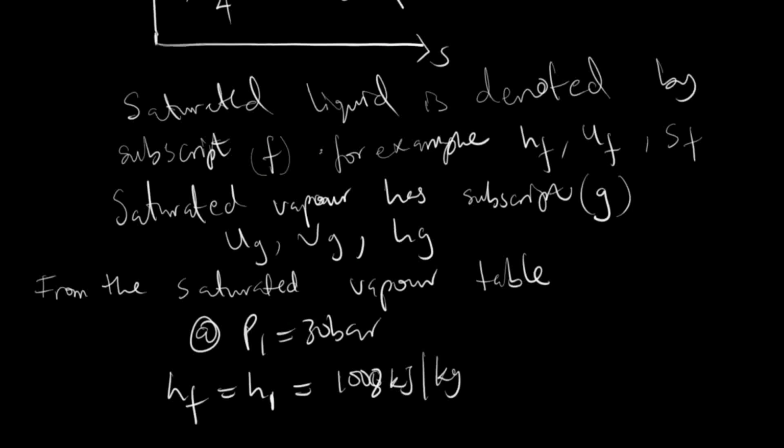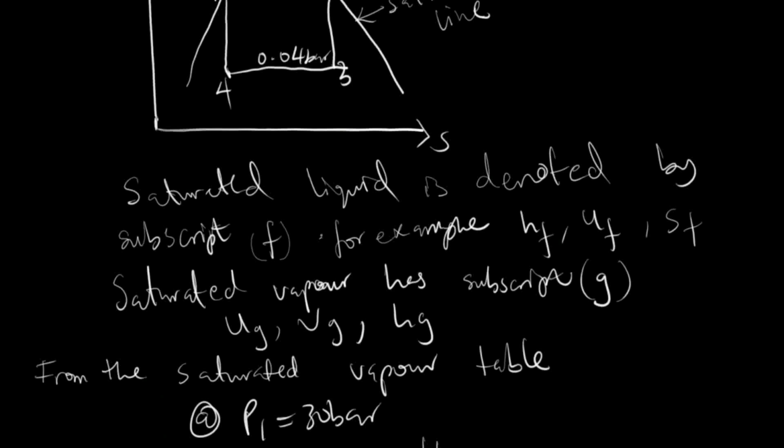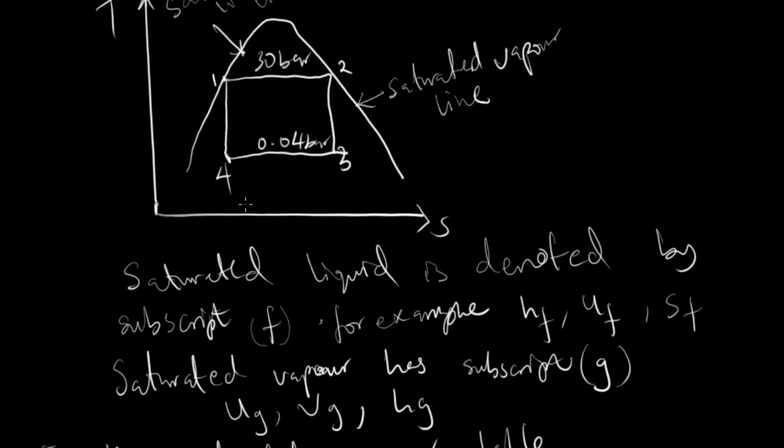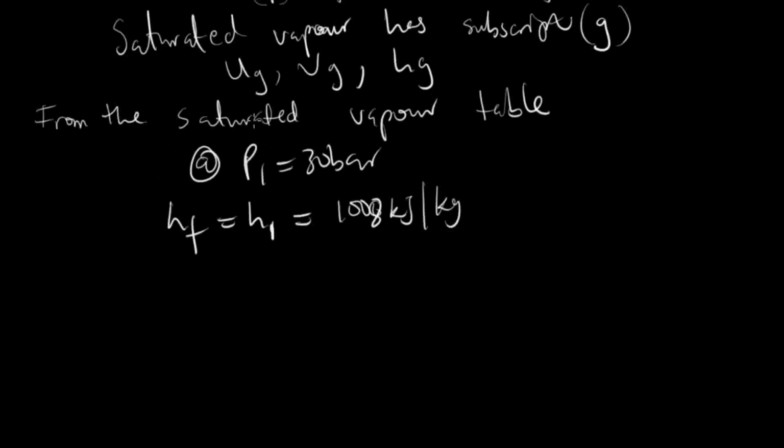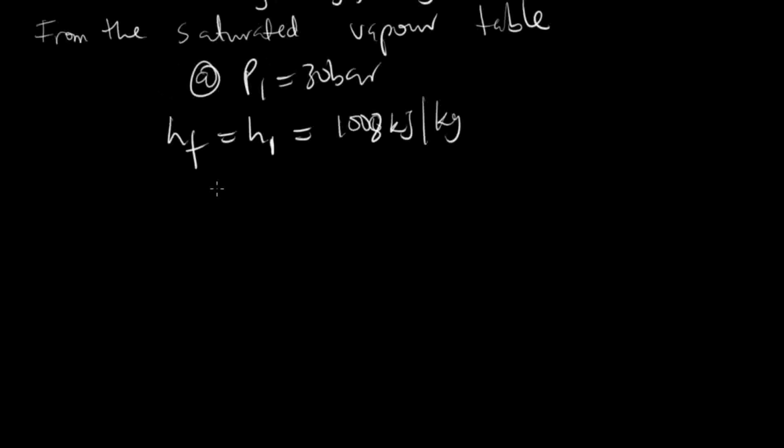Also find your sf. Remember here that s1 is equal to s4 and also s2 is equal to s3. So at 30 bar, find your sf, which is s1. That is equal to 2.645 kilojoules per kilogram Kelvin.